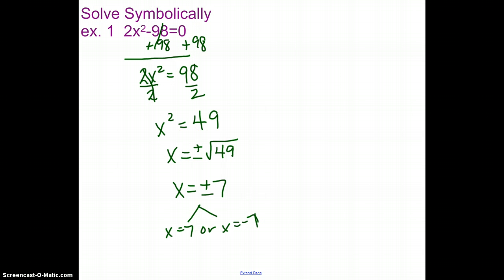The main deal with this one is I have to make sure that I know that if I were to put 7 back in this spot, 7 squared gives me 49, and negative 7 squared also gives me 49. So either one of these answers is acceptable. You will see more and more of this kind of answer because that starts to be a big focus in algebra. So let's take a look at another one.